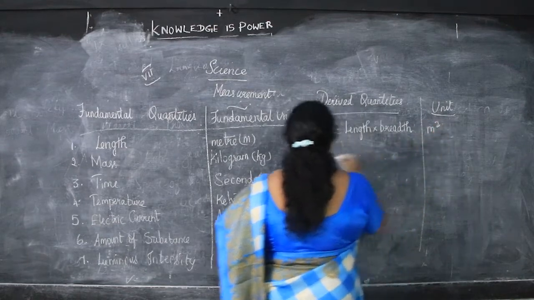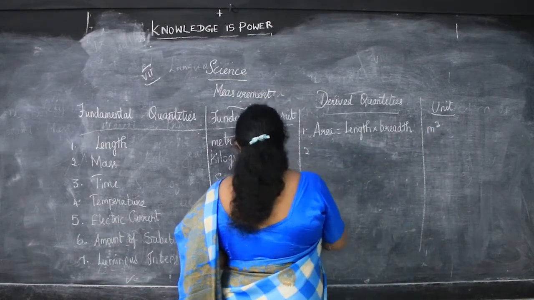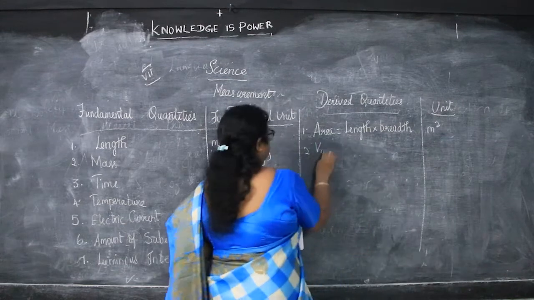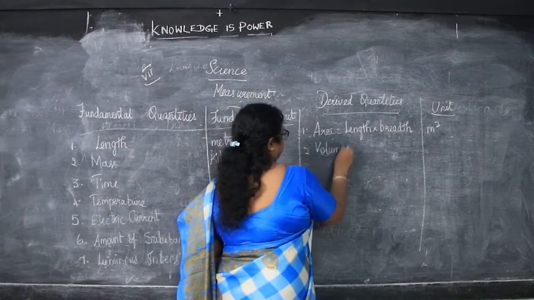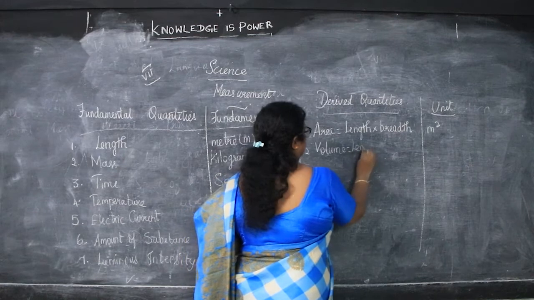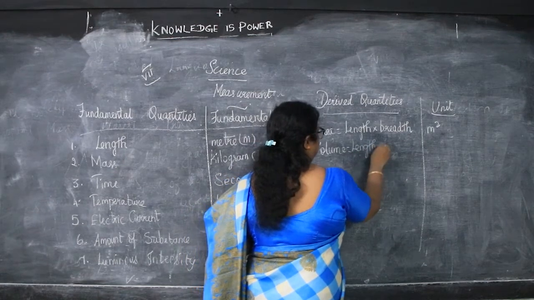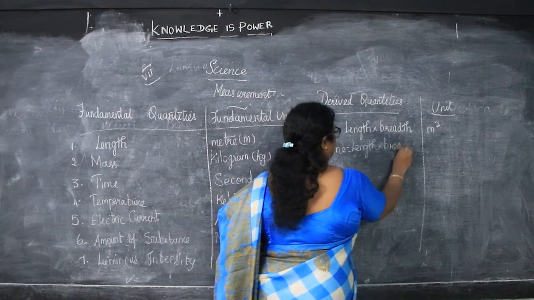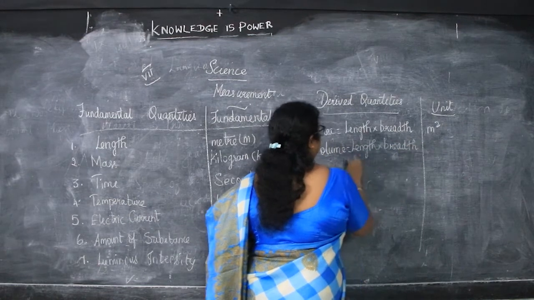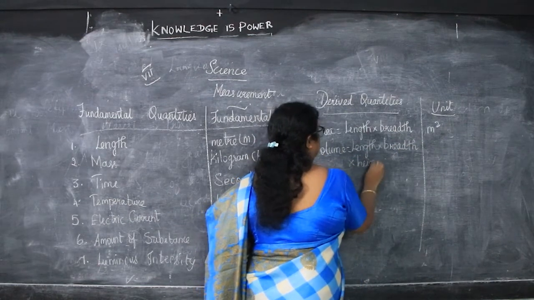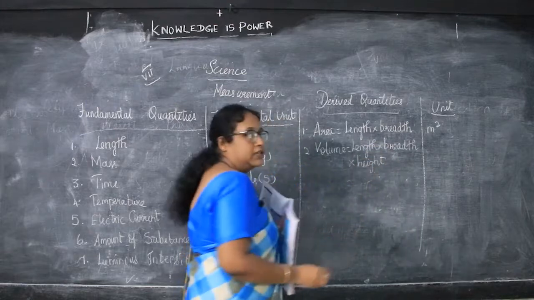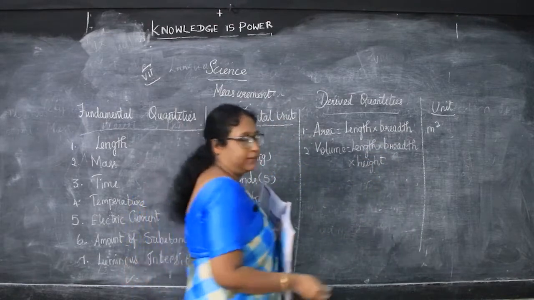That is square meter. Next is volume, length into breadth into height. That is cubic meter.